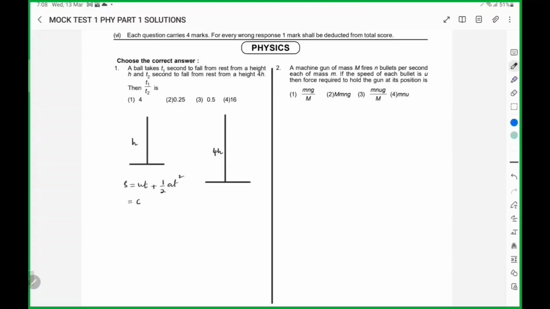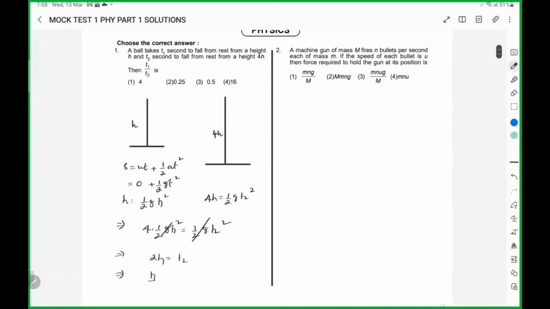Since it is freely falling, h here is half g t1 square, where 4h is half g t2 square. 4 times half g t1 square is half g t2 square. So 2 t1 is t2. So t1 by t2 is half, which is 0.5 seconds.